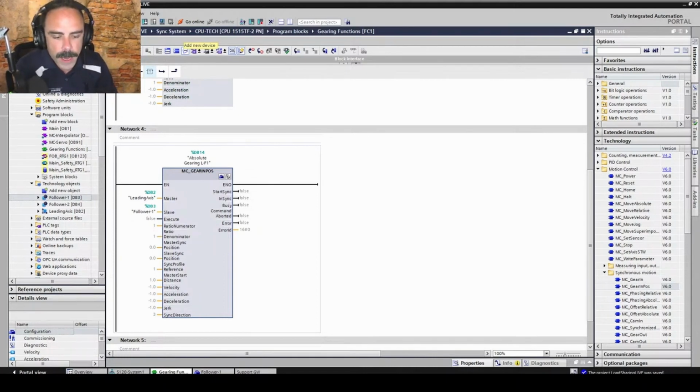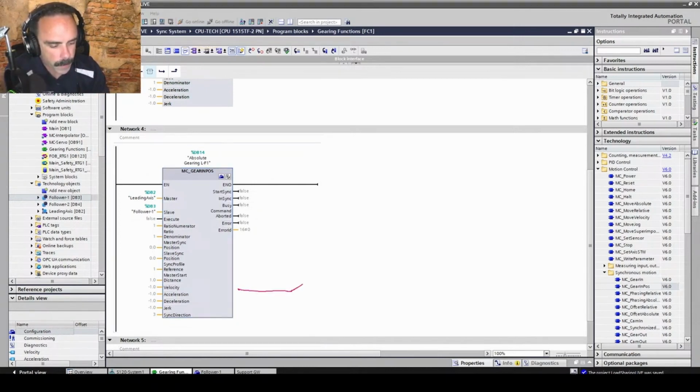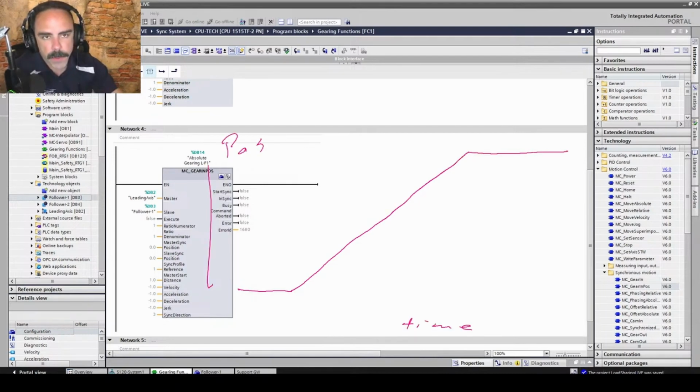Because instead of just syncing up whenever, this is setting up a function whose intent is, if you have a position on your master axis, this would just be a fixed velocity move. It gets going and goes. So with relative gearing, it doesn't matter where the follower links up.